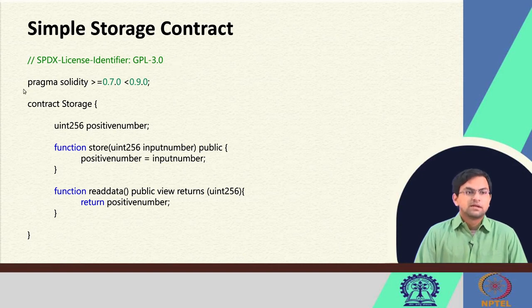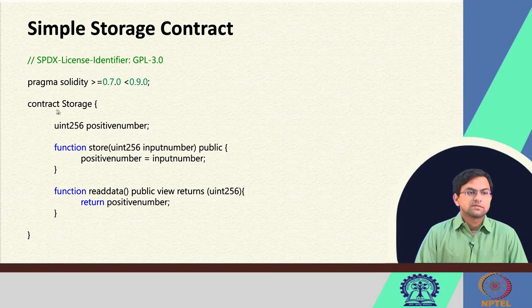Then in the next line we specify the pragma solidity, the version range that this contract will be supporting. So, we are defining the minimum version of the compiler and the maximum version of the compiler that this code will comply to. Okay.